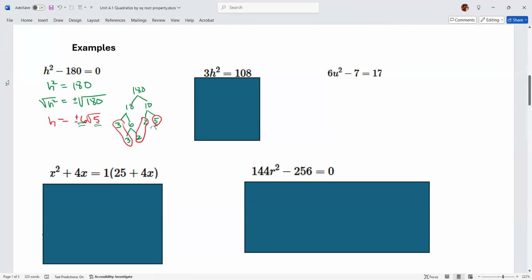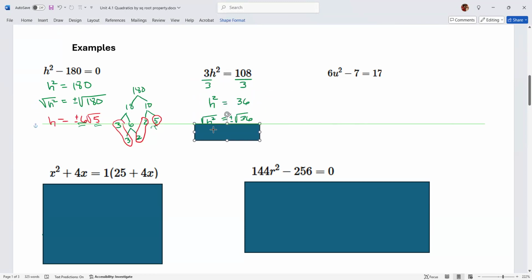So in this other example, the only thing we need to do to isolate h squared is divide both sides by 3. If we do that, we end up with h squared is equal to 36. Take the square root of both sides, and we end up with plus or minus 6. Here you may go, well, there's an x term here.